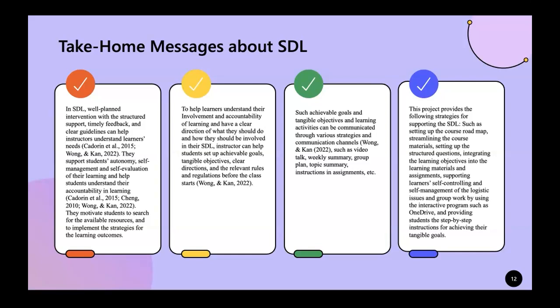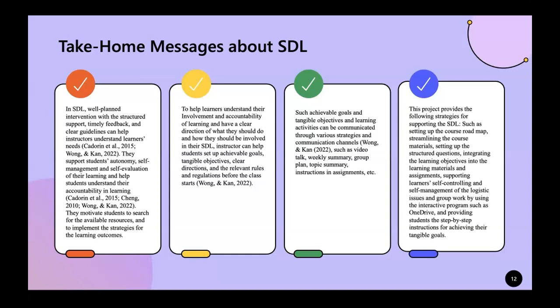They motivate students to search for the available resources and to implement the strategies for the learning outcomes. Two, to help learners understand their involvement and accountability of learning and have a clear direction of what they should do and how they should be involved in their self-directed learning, instructors can help students set up achievable goals, tangible objectives, and clear directions, and the relevant rules and regulations before the class starts.